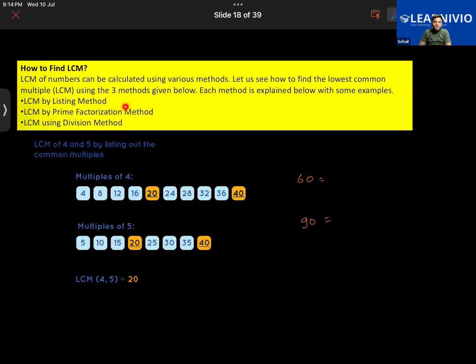Also, we know that the LCM of the same numbers can be found using the first method also. Like, we found the LCM of 4 and 5 by listing out their multiples, and then you found that 20 is their lowest common multiple. The same method can be done here also. Okay, find it out using the same method. First write down their multiples.